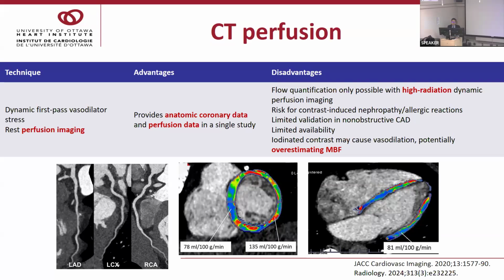This increases radiation exposure significantly. Additionally, there is concern that contrast-induced vasodilation could lead to an overestimation of the coronary blood flow. Therefore, this technique is not widely used so far.